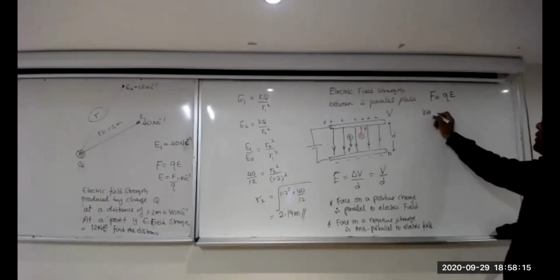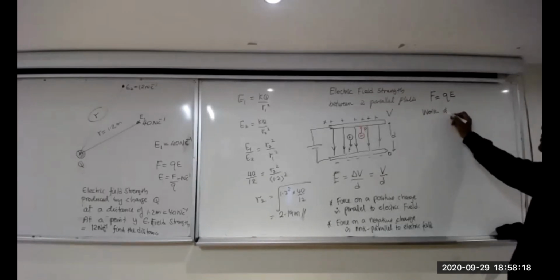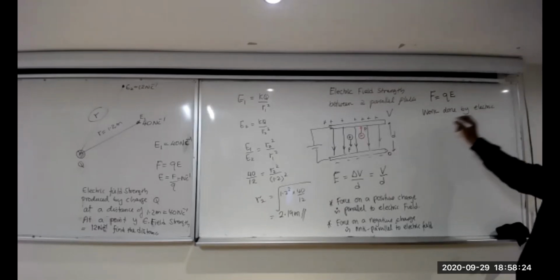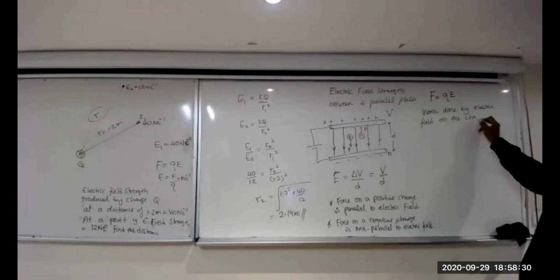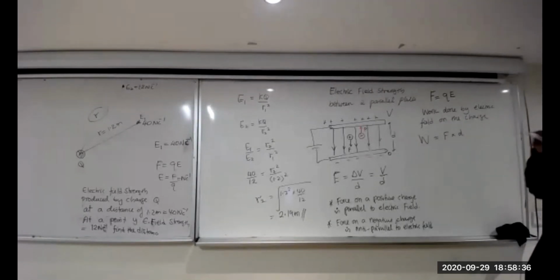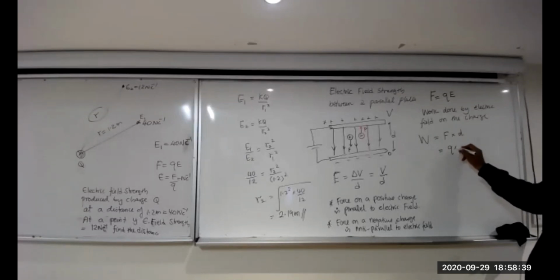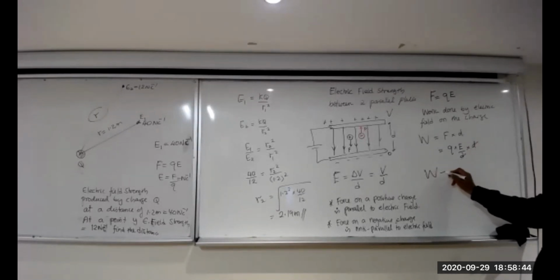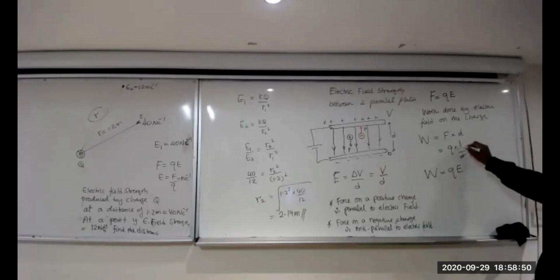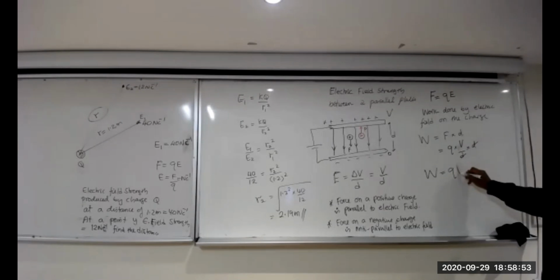The work done by the electric field on the charge, W equals F times d. But again, E is V on d. Therefore, the work done is Q times V. Sorry, Q times V, where V is the potential difference.